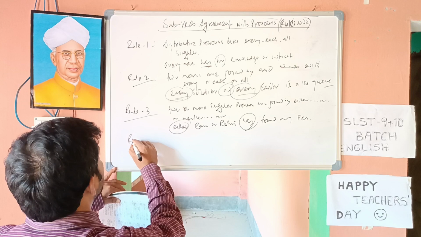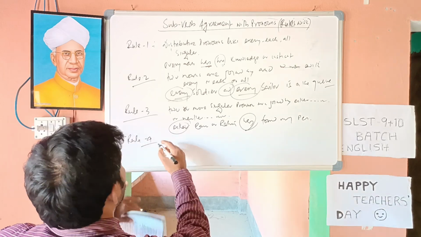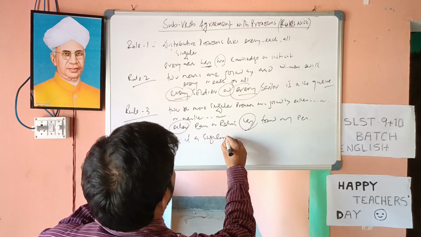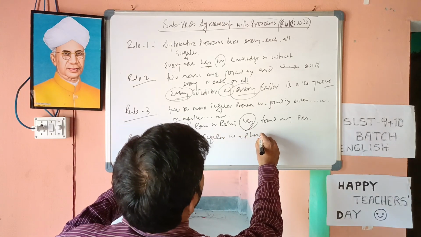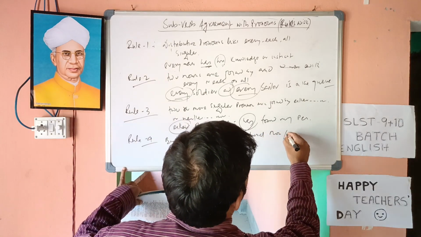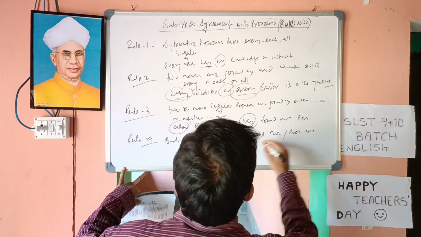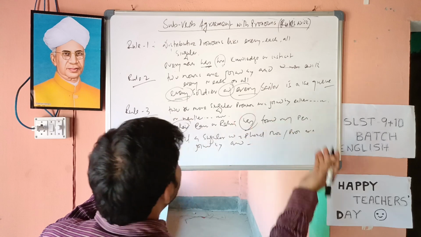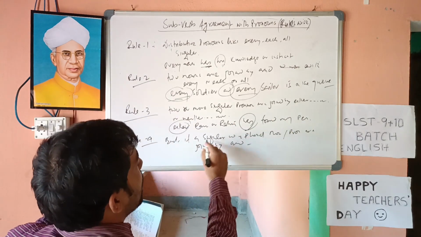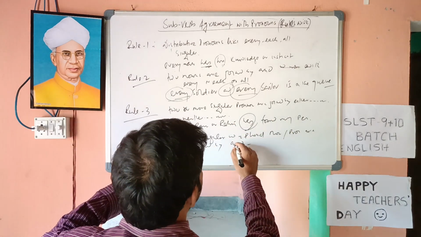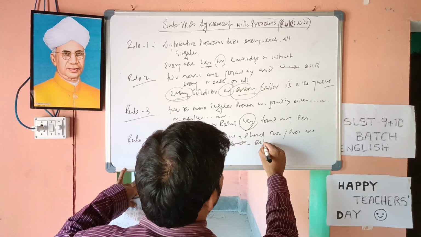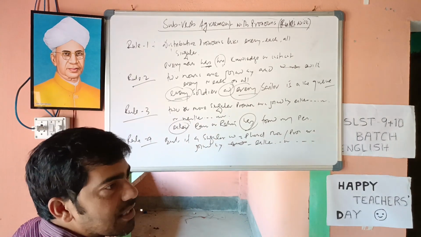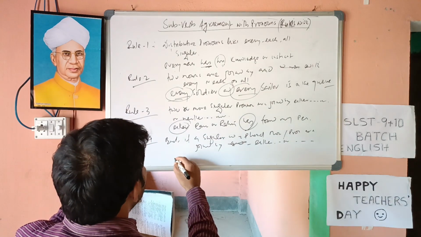Rule 4. But if a singular and a plural noun or pronoun are joined by and, either or, neither nor, then it will be taken as plural.